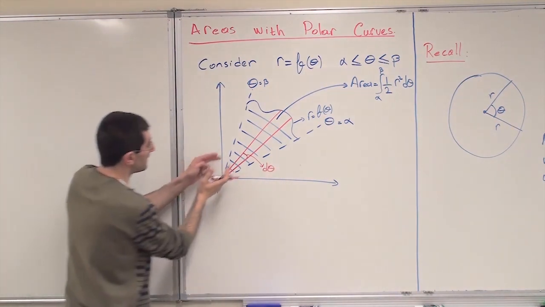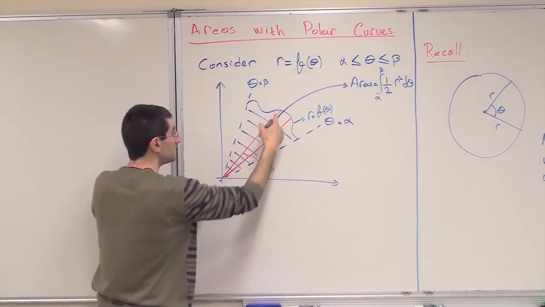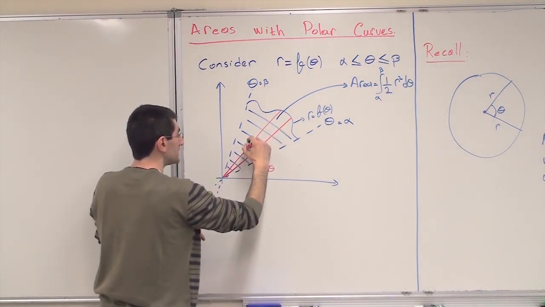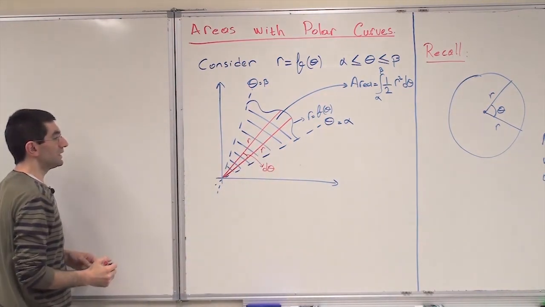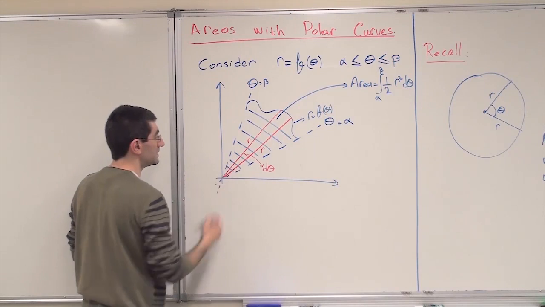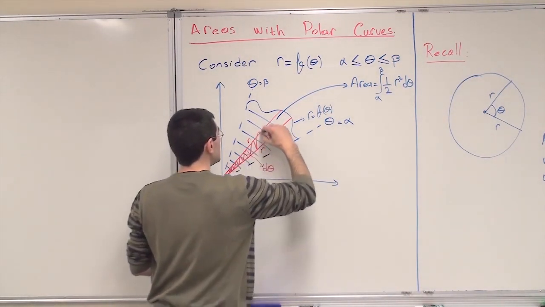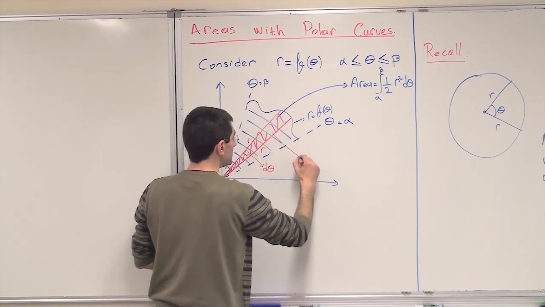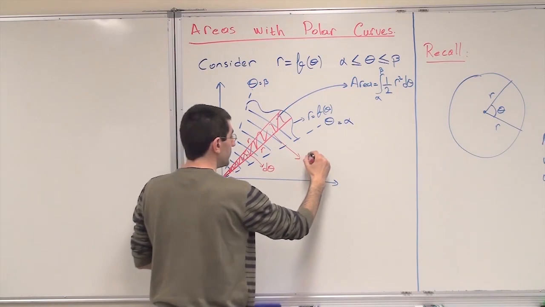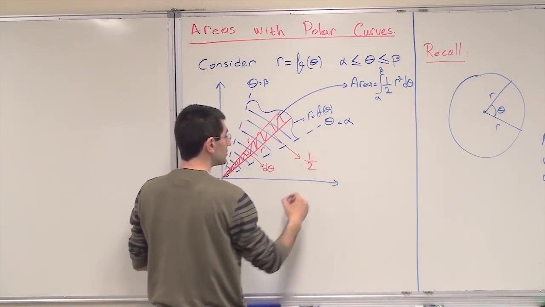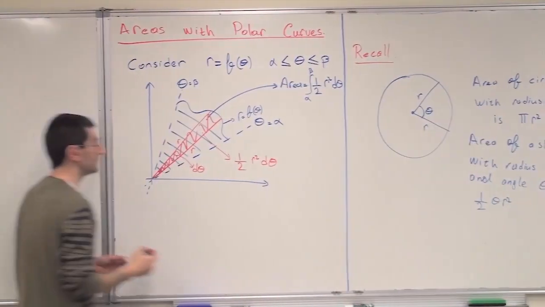Keeping the angle small gives us the advantage to consider both sides of this slice to be the same. So, let me assume that both sides of this slice are r. Then, the area of this red slice, using the observation in the previous board, is 1 over 2 r squared d theta.